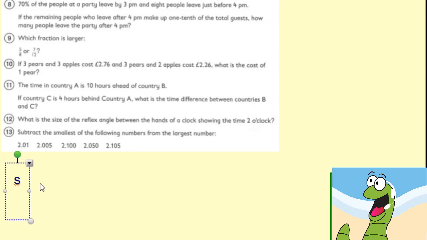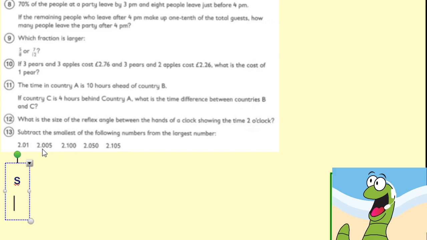Okay, so 2.005, no tenths, no hundredths, and 5 thousandths. 2.1, which is 2 and 1/10. And 2.105 has 1 tenth, no hundredths, and 5 thousandths.